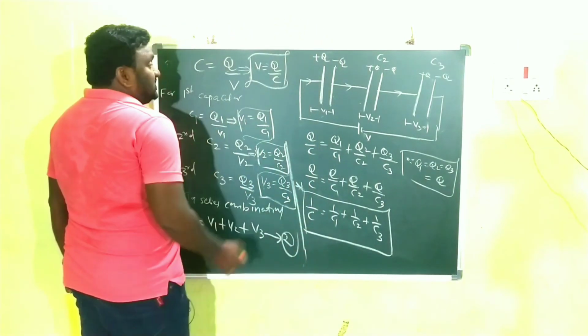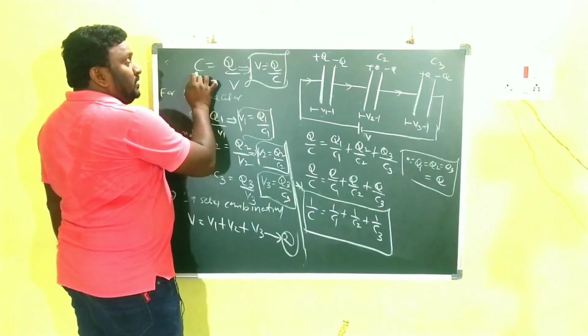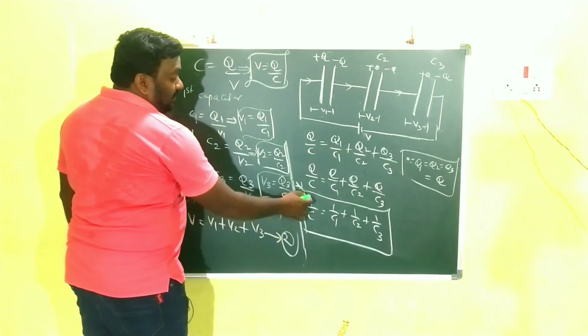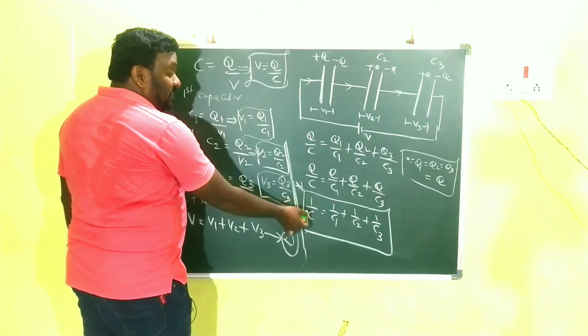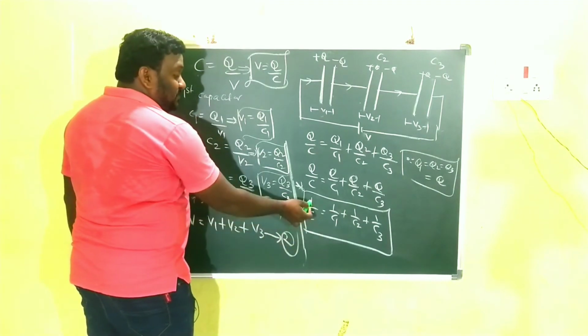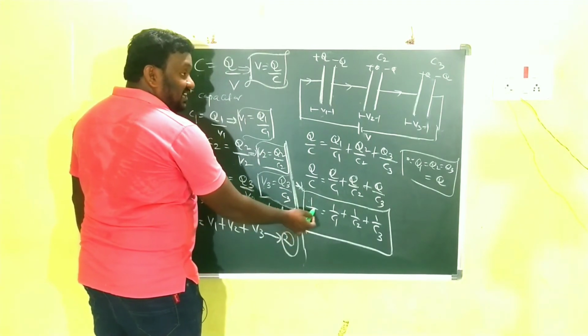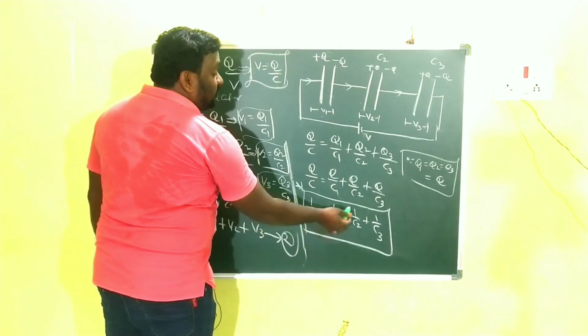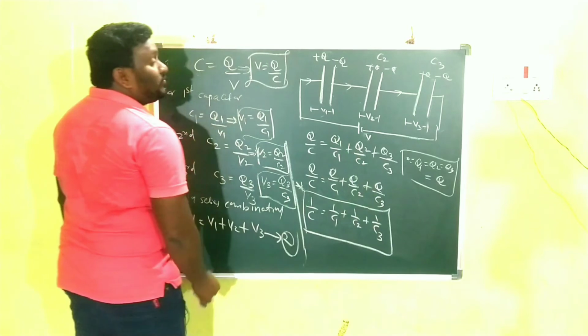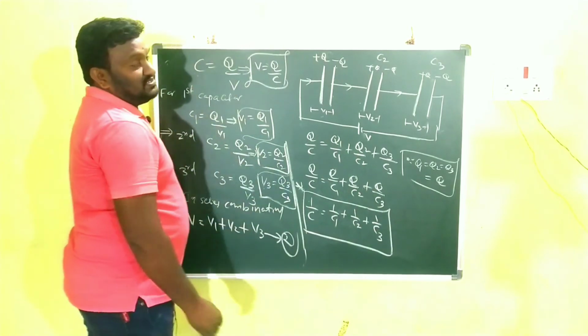Here 1 by C, where C is the equivalent capacitance, is the reciprocal of equivalent capacitance. The reciprocal of equivalent capacitance is equal to the sum of reciprocals of the individual capacitances of the individual capacitors.